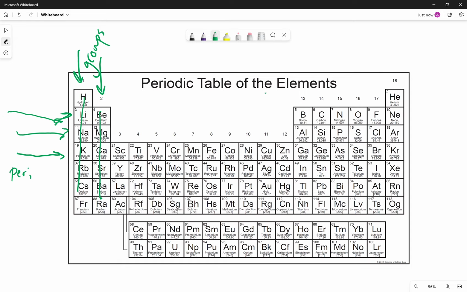And they have certain properties that occur periodically as we go across the rows, hence the name periods. So knowing those is going to be important, the concept that these are groups and periods.